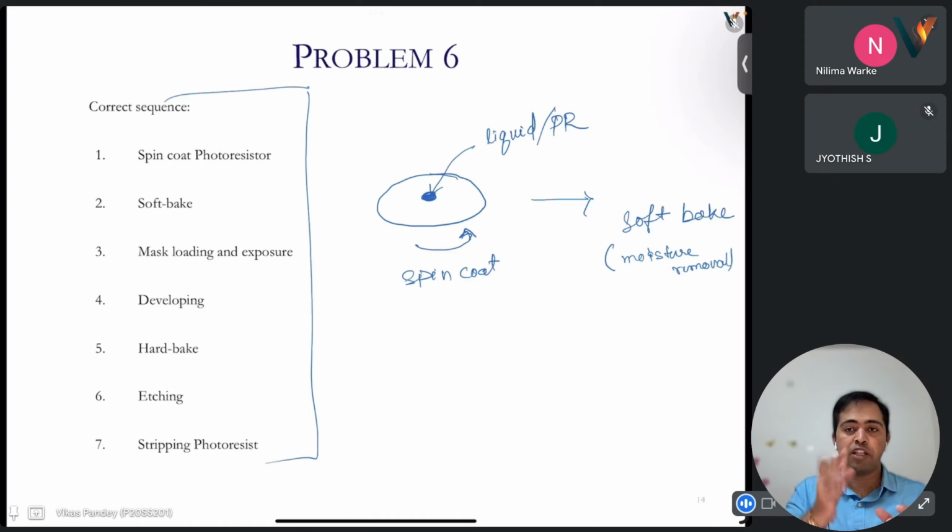We align it, expose it. Once exposed, what happens in exposure? Let's suppose it is a positive photoresist. So what will happen in exposure? Which area will become soluble?